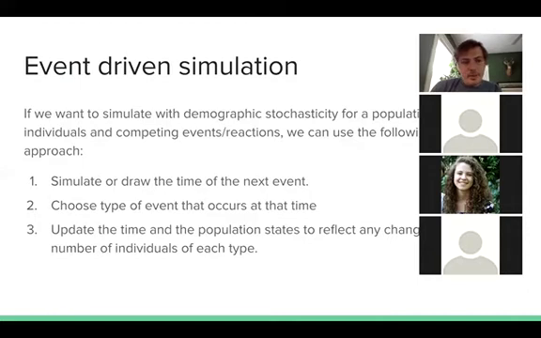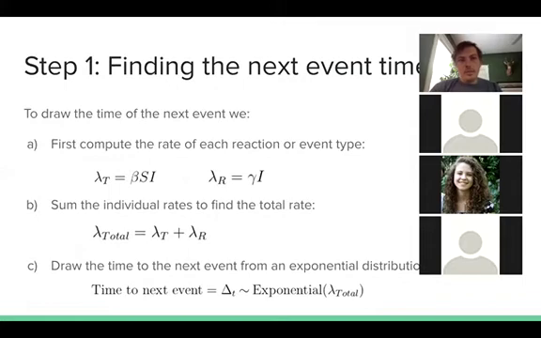In the first step, we have to simulate or draw the time at which the next event occurs. So step one is finding the next event time. And we can break this one up into three sort of sub-steps or individual things that we have to do in order to find the time of the next event.